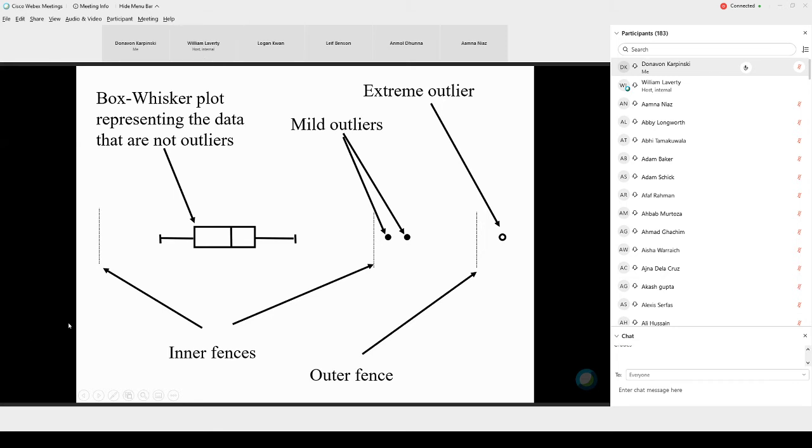The inner fences: you add to the third quartile, and subtract from the first quartile, 1.5 times the length of the box, which is the interquartile range. For outer fences, you'd go 3 times that. Observations in this range are mild outliers. Observations here are extreme outliers.